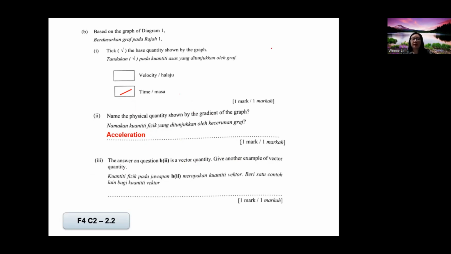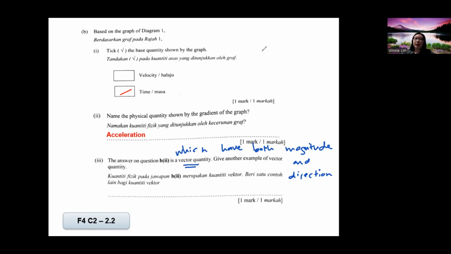What is a vector quantity? A vector quantity is a quantity which has both magnitude and direction, meaning value and also direction. Most of the physical quantities in chapter 2, forces and motion, especially when you learn about linear motion, like acceleration and force, are vector quantities because direction is involved.